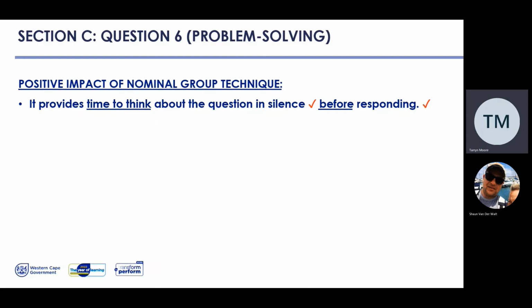It provides time to think about the question in silence before you respond. You're numb in the beginning, so you are thinking about it in silence. The L, silence, nominal, and then you respond.